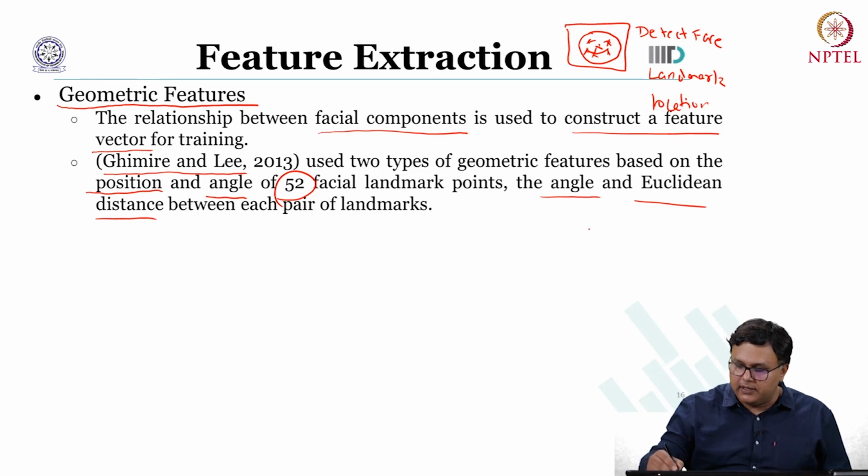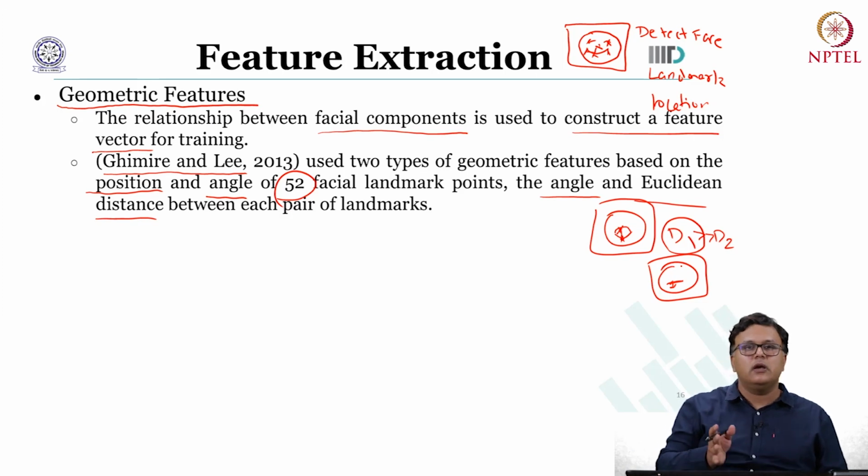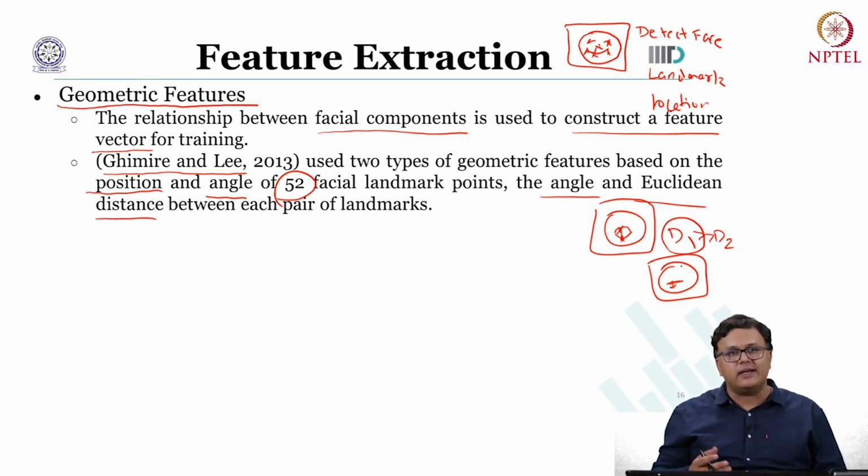If, for example, in a face, the distance between the points here on the upper part of the lip and the lower part of the lip is high, so let's say this is D1, then if it is greater than another value D2, which of course for the same face you are getting from a neutral expression, then you can say, well, this is where the mouth is open, so the chances are the person could be showing, for example, a surprise or a happy expression, right?